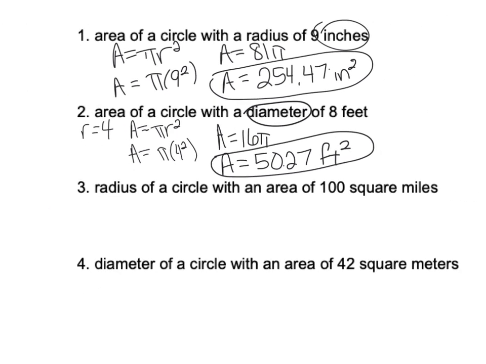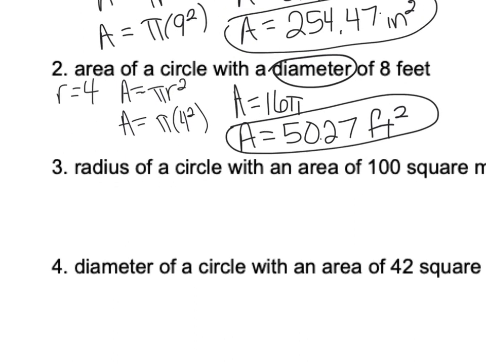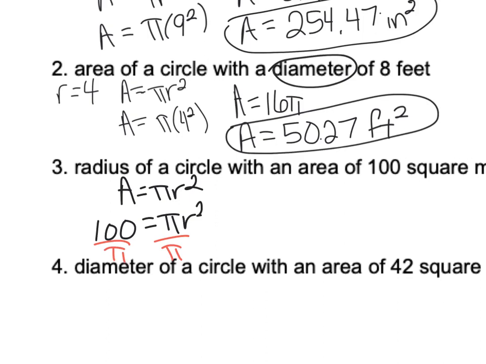All right, next it asks what is the radius if it has an area of 100. Okay, well, again, we have area equals pi r squared. Tells us the area is 100, so instead of A, we're going to have 100 equals pi r squared. Well, we need to get r by itself, so I'm going to divide both sides by pi. 100 divided by pi, we're going to do a little bit of rounding here, is 31.83.